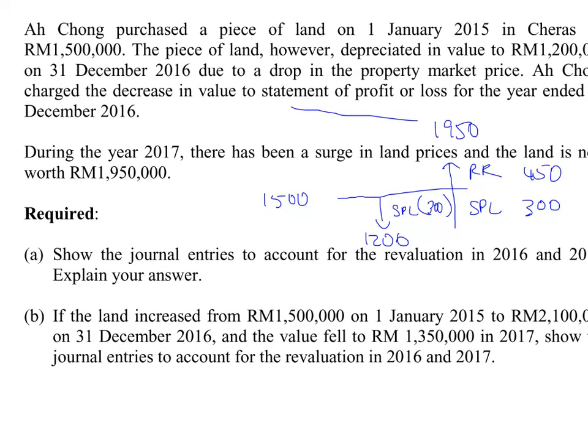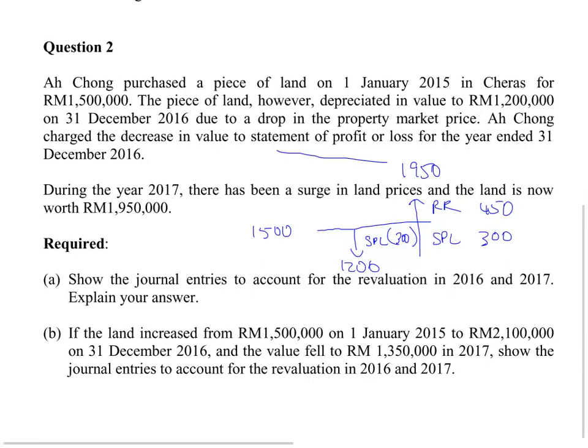Okay, B. You tell me how. You buy at 1.5, increase to 2.1, RR 6. Correct. Then it fell down to 1.350, down by 7.5. Up by 6, down by 7.5.